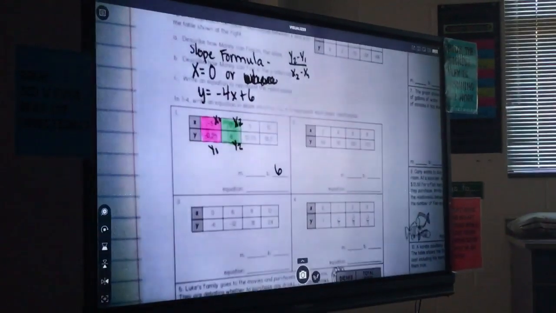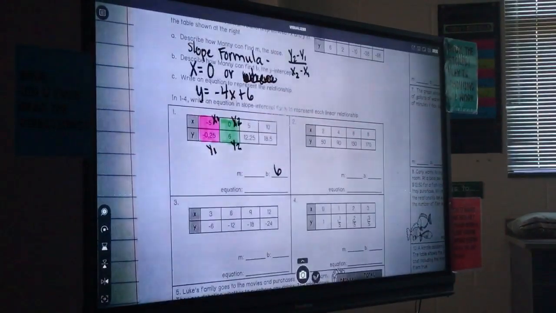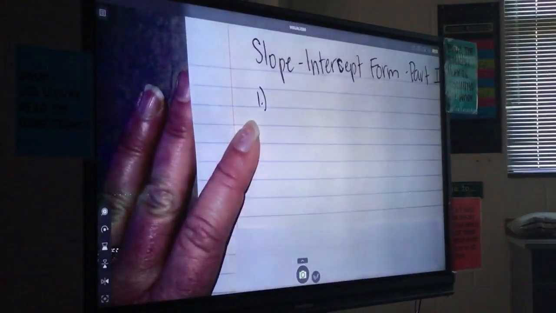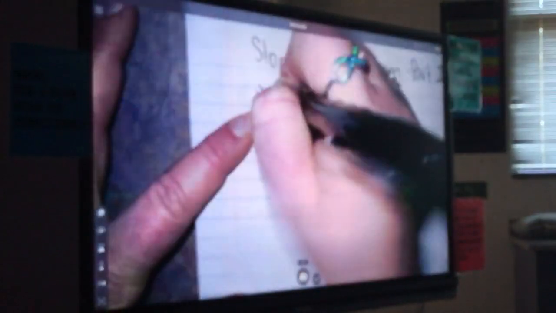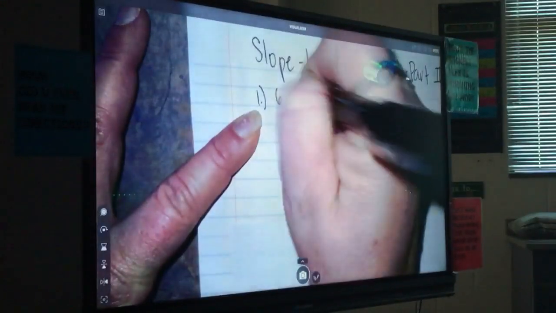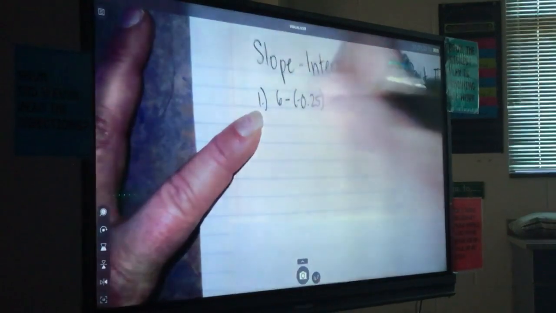Now, in your notebook, let's set this up in our equation to find our slope. So for number 1, you're going to do 6 minus negative 2 and 25 hundredths.